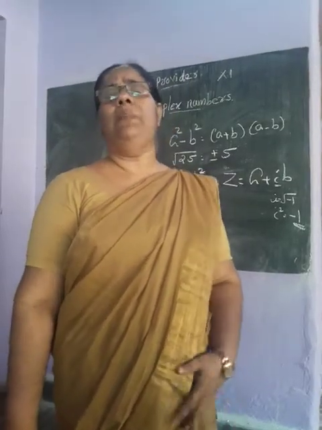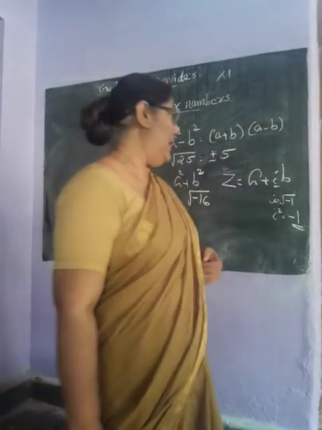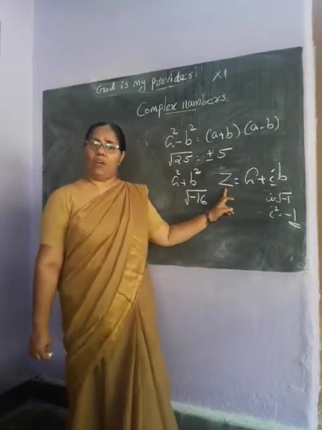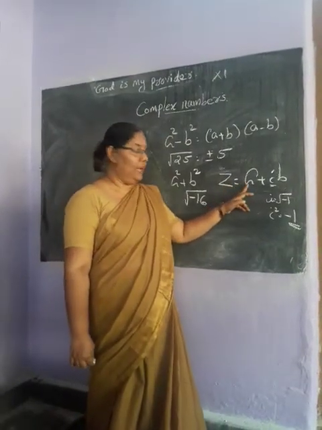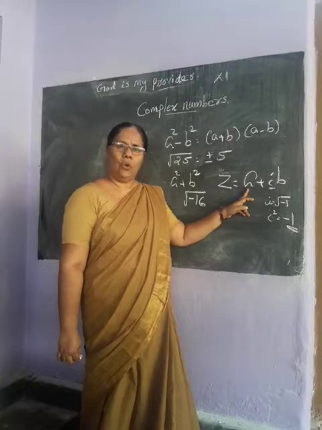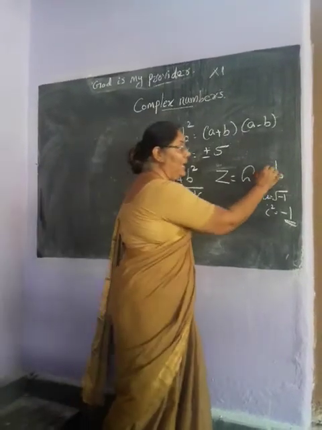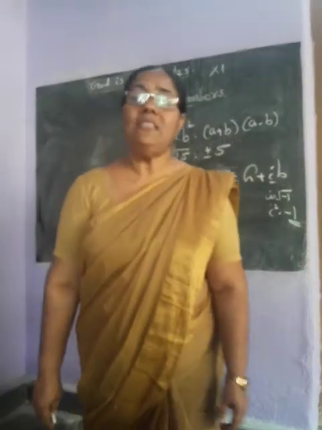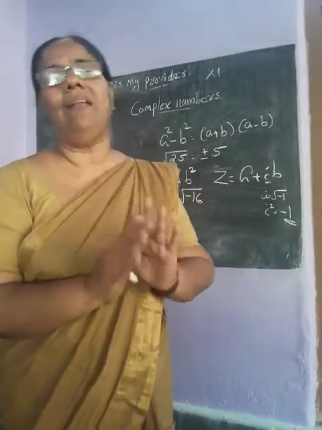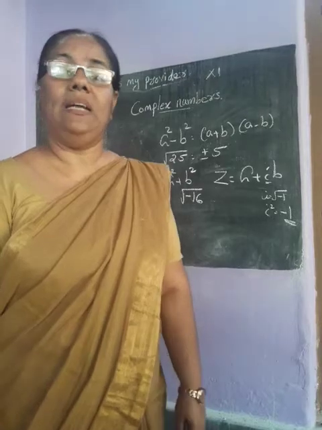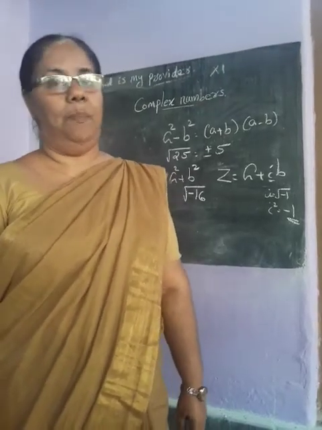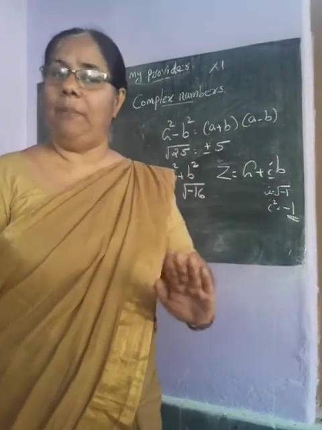A complex number is usually denoted by Z. Z is a complex number. And look here, A is known as the real part, and B is known as the imaginary part. That means that B contains i, therefore that part is known as the imaginary part. Therefore, Z is equal to A plus iB.